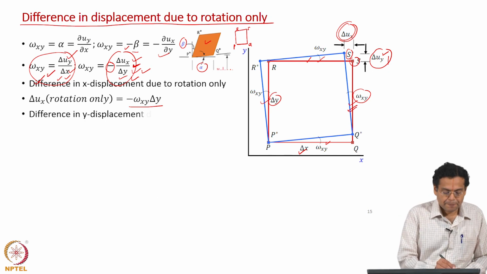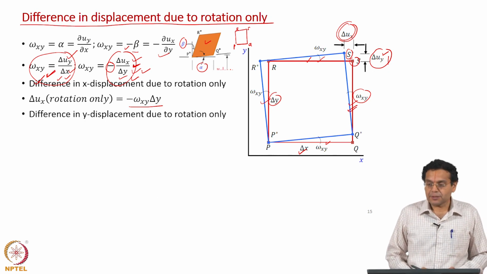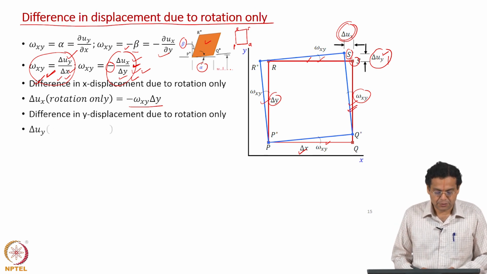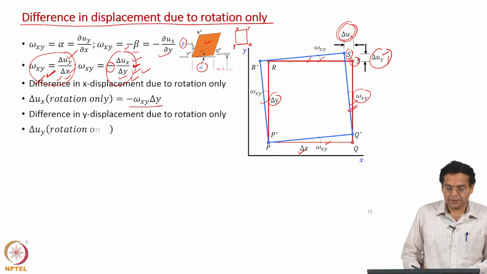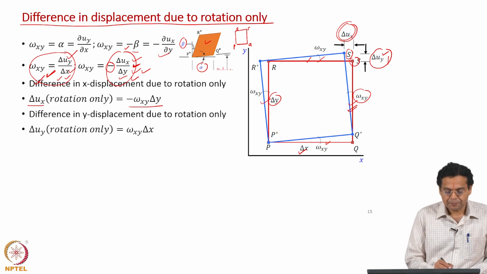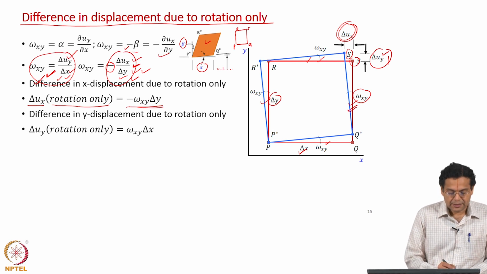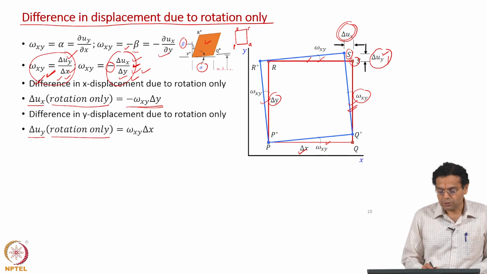Let us use the first equation and write expression for difference in y displacement due to rotation only. So, as usual the nomenclature has been made very clear. The first says delta u x, difference in x displacement due to rotation only, is equal to minus omega xy delta y. Second equation is difference in y displacement due to rotation only, written as omega xy delta x.